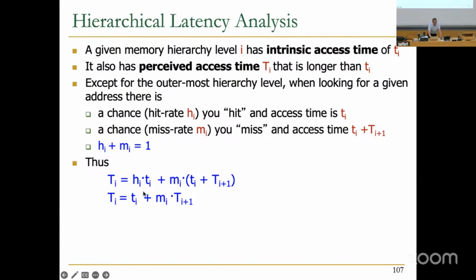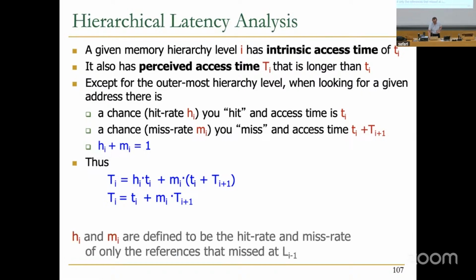You can also write this as, because Hi plus Mi is equal to 1, the perceived access time of level i is the access time of level i of the array, plus the miss rate of level i times the perceived access time of the next level. Okay, that's the hierarchy. Now we're going to examine a real example.